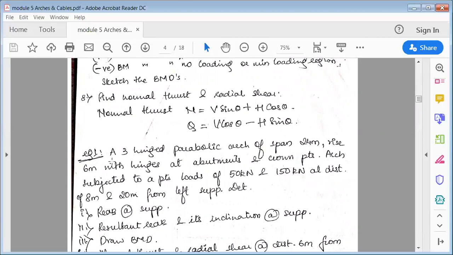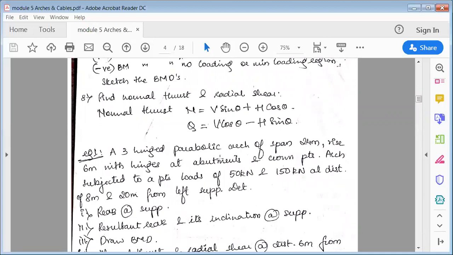Okay, so a three-hinged parabolic arch of span 24 meter, rise 6 meter, with hinges at abutments and crown points. Arch subjected to a point load of 50 kilonewton and 150 kilonewton at a distance of 8 meter and 20 meter from left support.